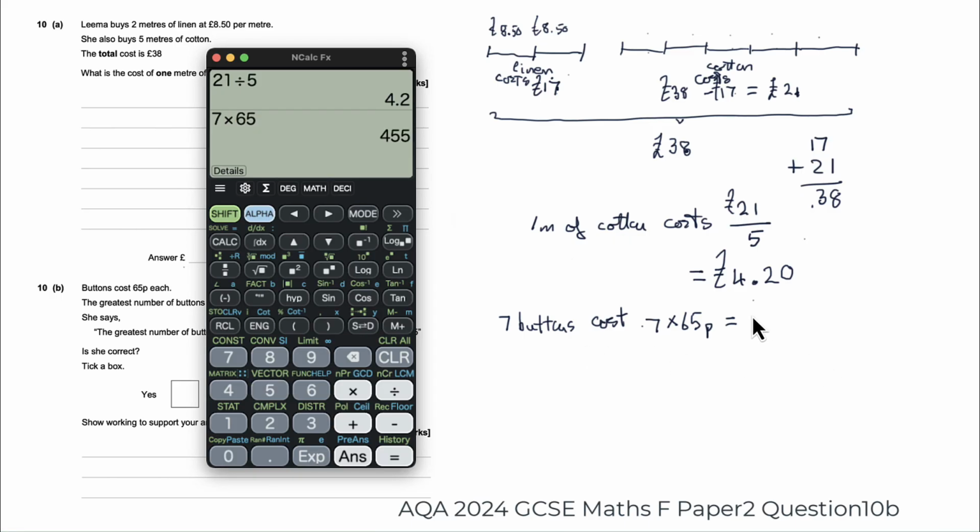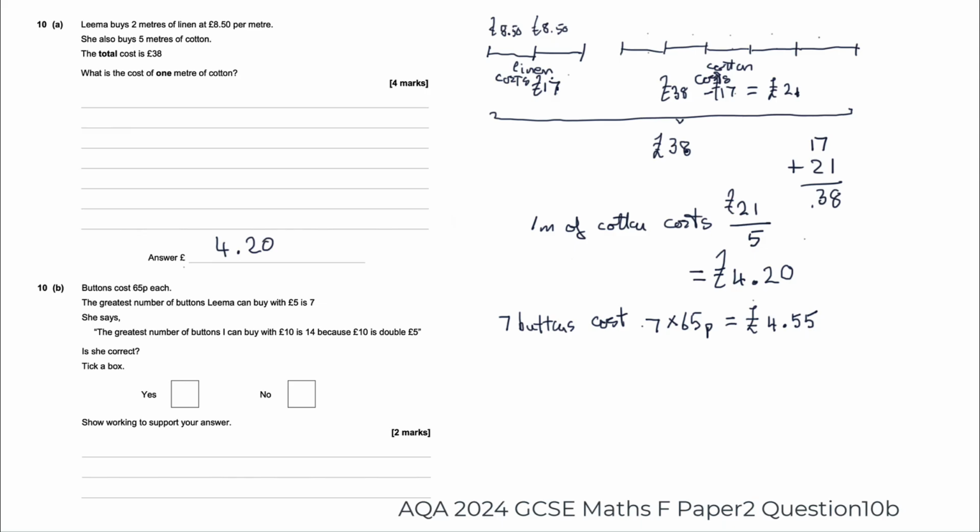And look, that gives us 455. That's £4.55. So certainly she cannot afford more than 7 buttons with her £5. Because 65 pence, she's only got 45 pence left.